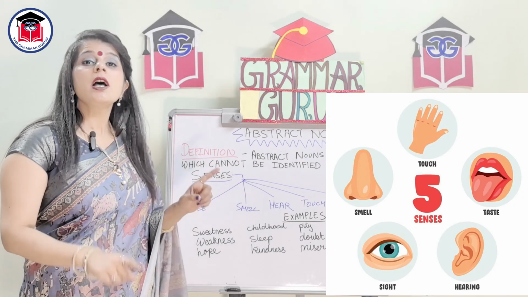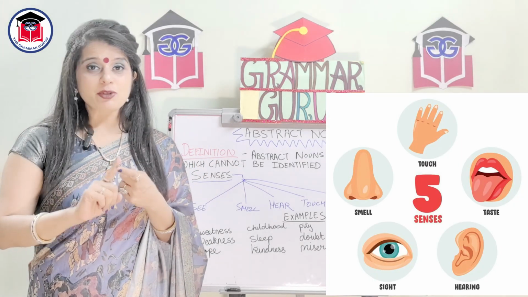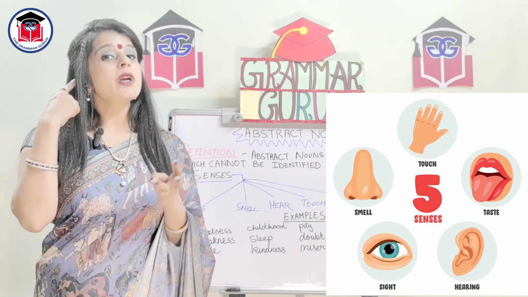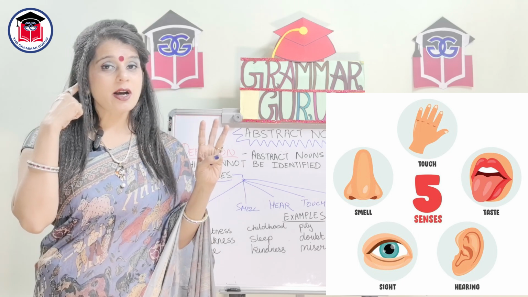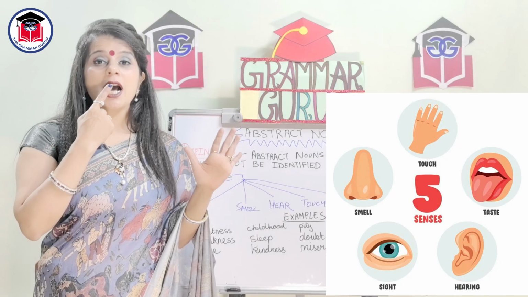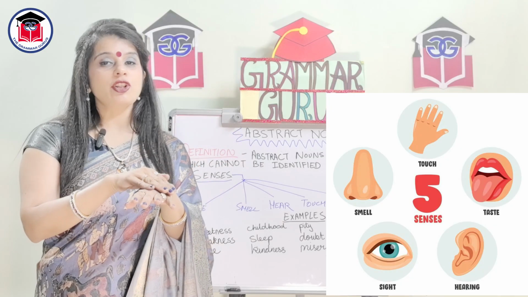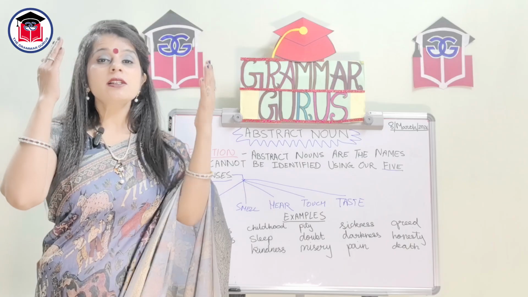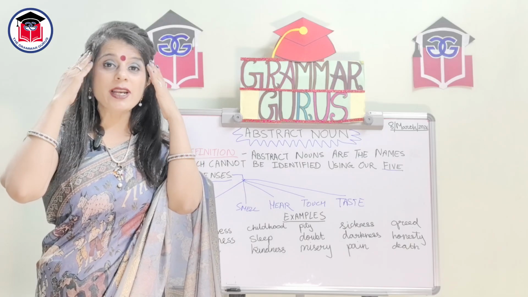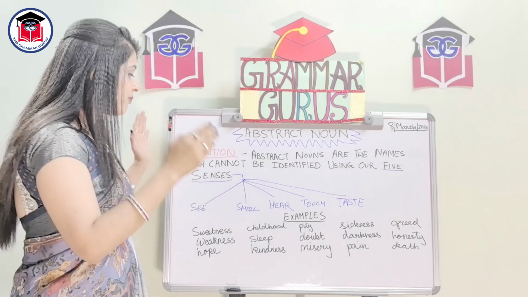In other words, we cannot see the abstract nouns, we cannot smell the abstract nouns, we cannot hear the abstract nouns, we cannot taste the abstract nouns, and lastly, we cannot touch the abstract nouns. It is only in our mind. Abstract nouns are only in our mind.